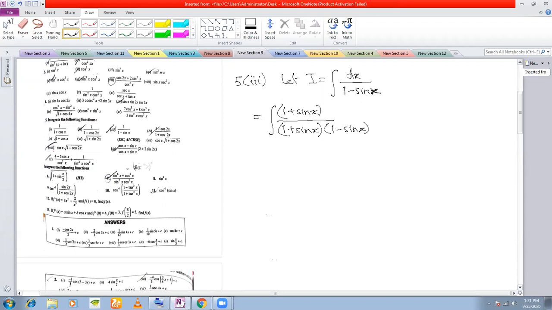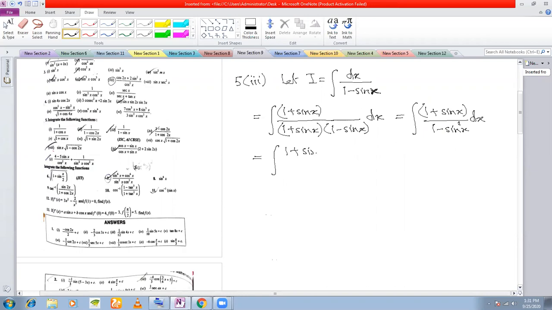Why do you multiply by 1 plus sin x? So that I can get 1 minus sin square x in the denominator. And we know 1 minus sin square x is cos square x. That is why we multiplied by 1 plus sin x.